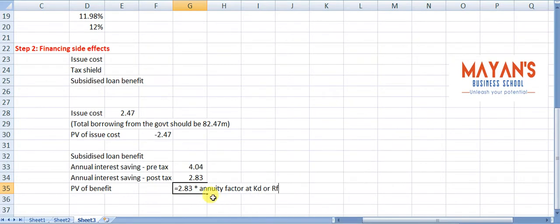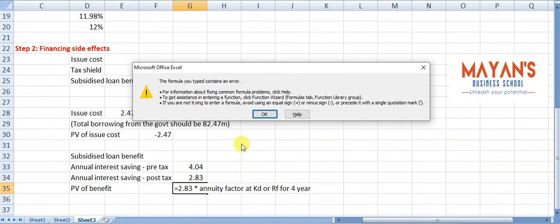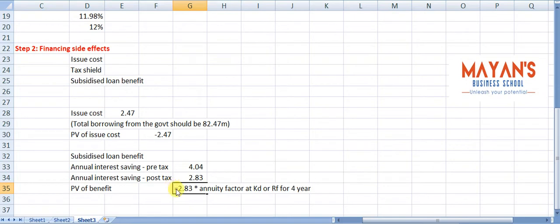You can take either of it for 4 years. KD or RF for 4 years. $2.83, that's annual cash flow, that multiplied by annuity factor. Not your WACC, not your KE, it has to be KD. That's what the definition says.